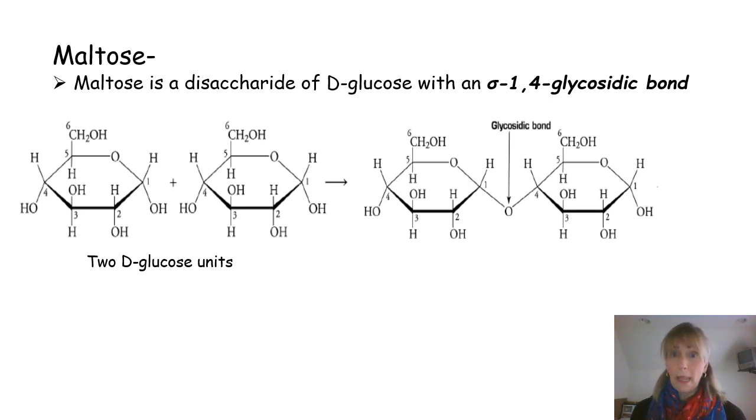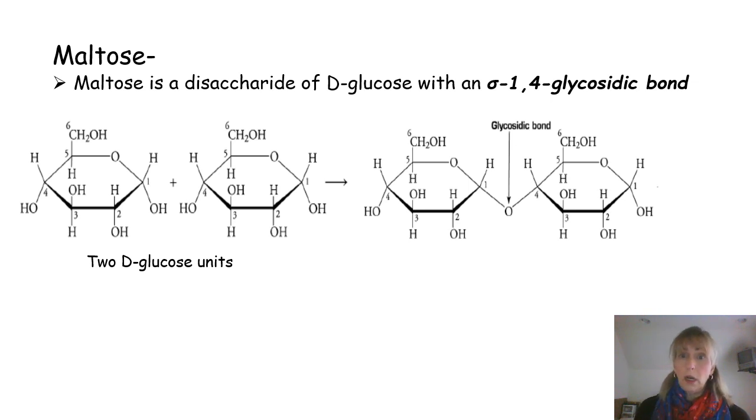Why did we call it an alpha 1,4? Because our OHs were alpha, both of these. Alpha on both of them. And the linkage is between the OH on carbon 1 of one and the OH on carbon 4 of the other.